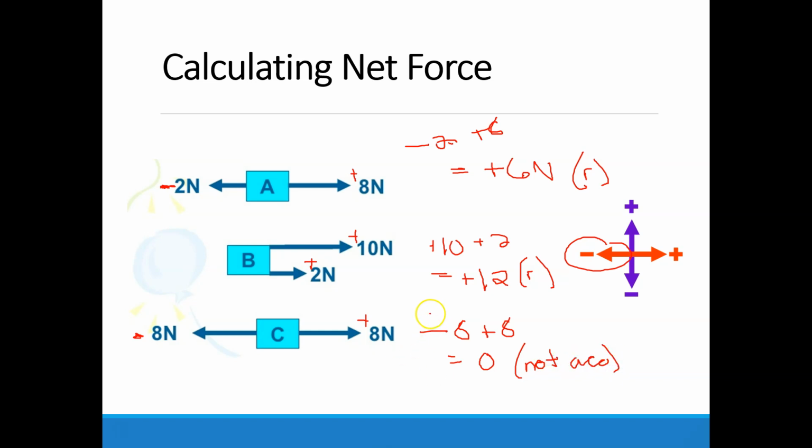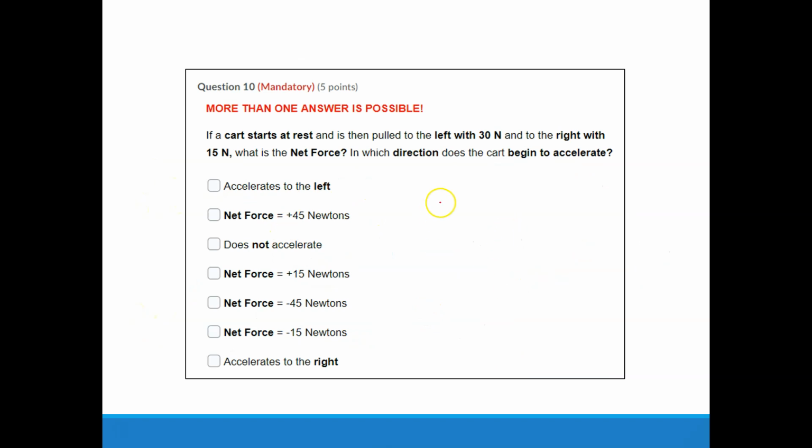Okay, so let's go ahead and take a look over here at this diagram again. We've got a cart, and we have one force moving to the left at 30 newtons. So you need to figure out, is this positive or negative? And then we have a smaller force to the right with 15 newtons.